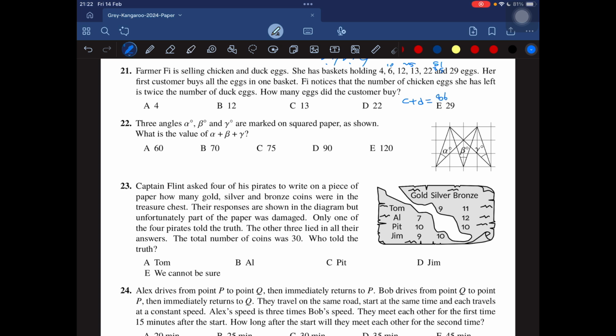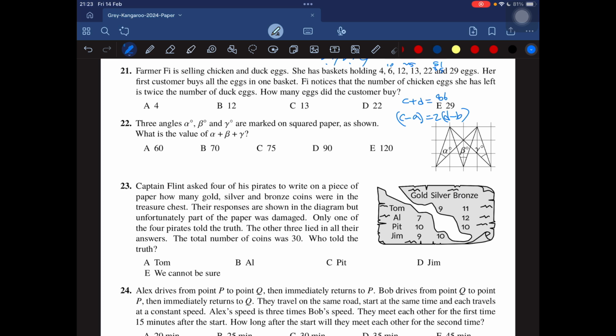And they sold one of the boxes. We don't know how many chicken and duck eggs there were. But after that, let's say C minus A and D minus B. The chicken eggs left are twice the number of duck eggs, like this.